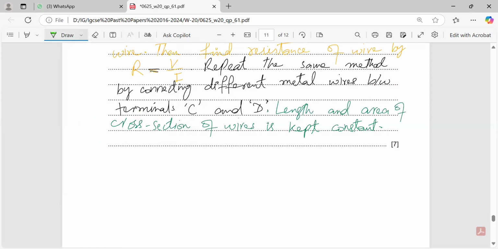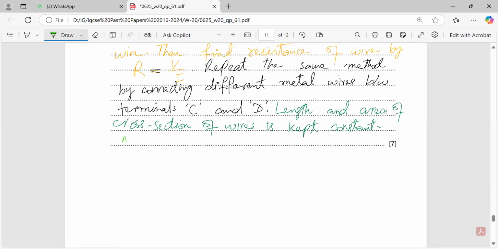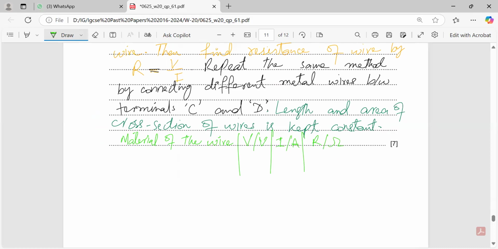So we will say material of the wire per column. Then voltage we measure, V over V, both capital. Then current in amperes and the dependent variable in the end, which is resistance in ohms. So like this, we can score all the marks for this experiment.